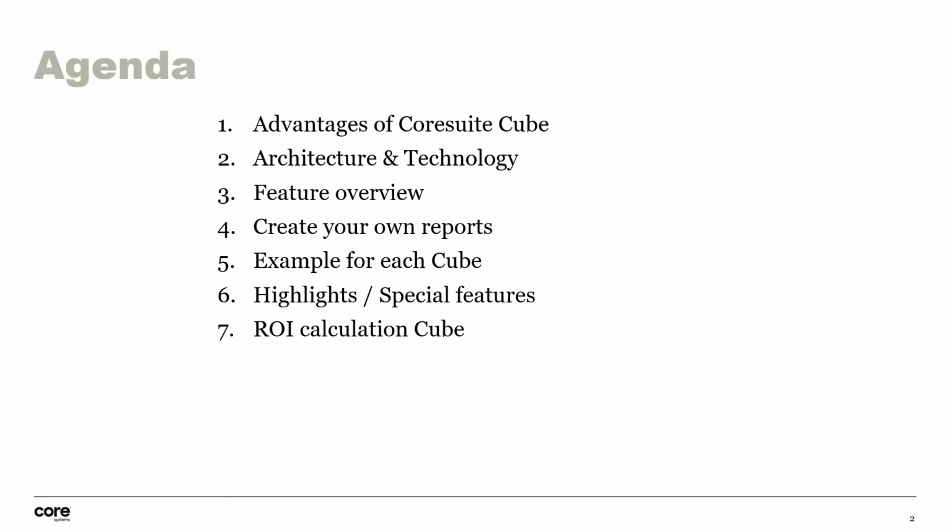Then a little feature overview where we can see different kinds of cubes, and then how to create your own report. I will show some examples for each of the different cubes, and in the end just some highlights that are for me very valuable to notice, and then the ROI, the return on investment, about the Cube itself.